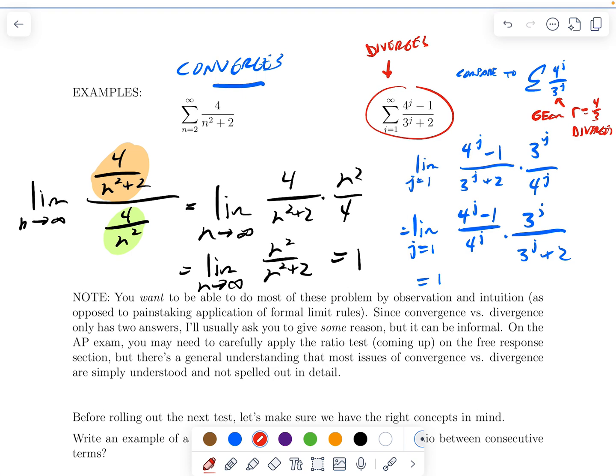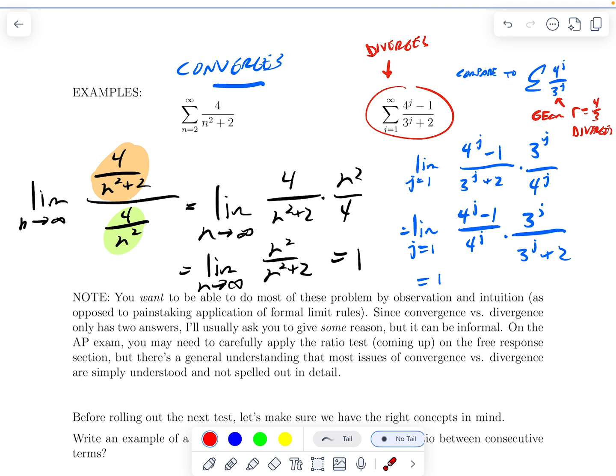Now, generally speaking, we want you to be able to do these problems with a certain degree of intuition. By we, I mean me and the AP exam. I, on a quiz or test, might ask you for a brief verbal explanation of what you're doing, but you could just say, for example, this is like a convergent p series with p equals 2. You wouldn't have to show me all the limits.